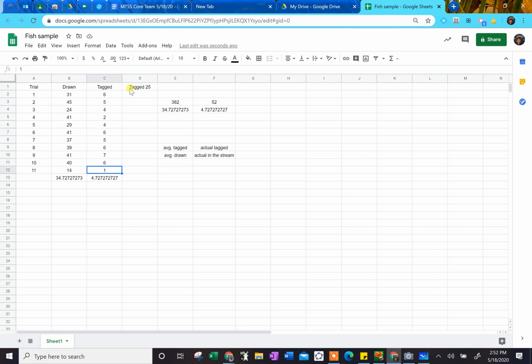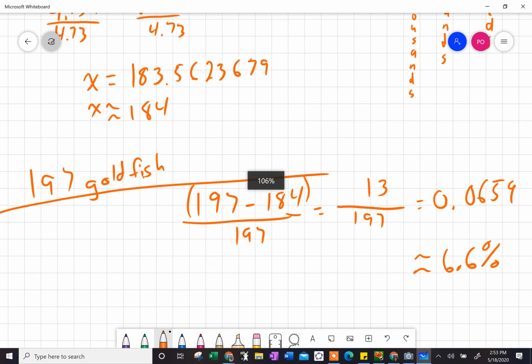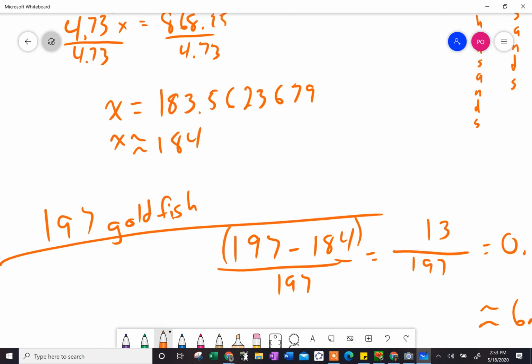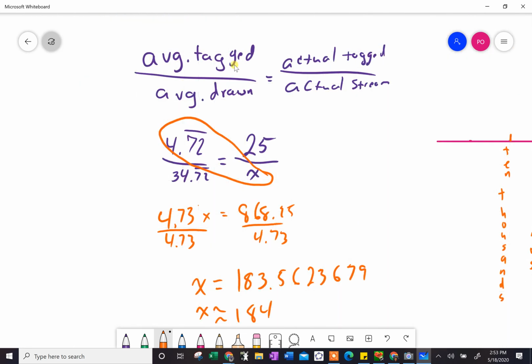And then I set up my proportion so that the average tagged over the average drawn was equal to the actual tagged over the actual amount in the stream, tagged to tagged, drawn to the stream.